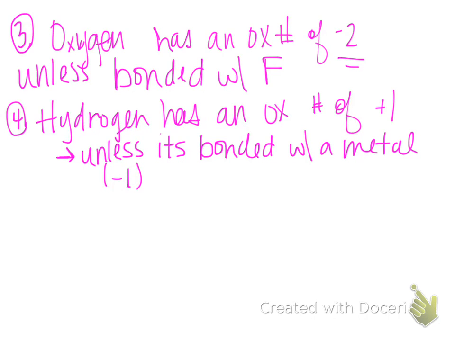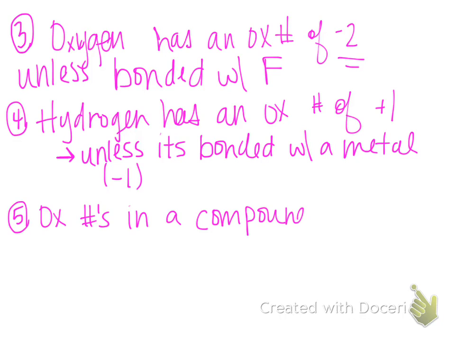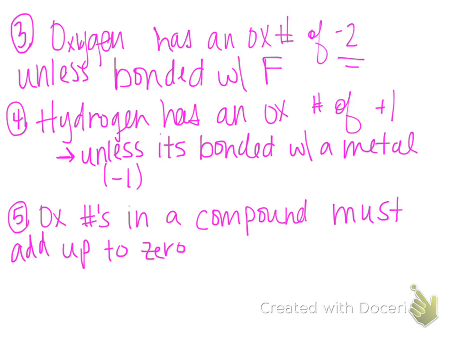Okay, let's look at our next rule, number 5. The oxidation numbers in a compound must add up to 0 in a neutral compound. Sorry, I don't know why I said atom.